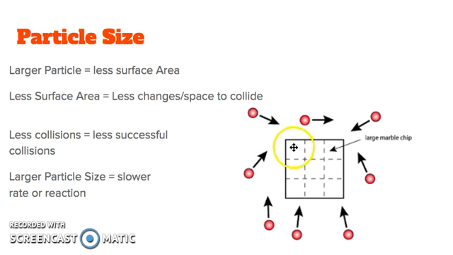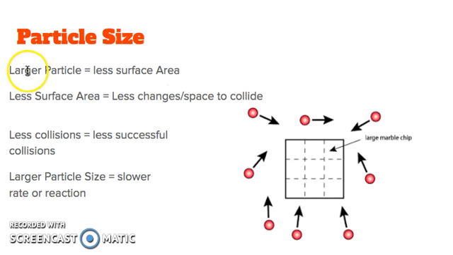However, if I cut this square in half, the places in which I can collide will actually increase by a lot, which means that the smaller the particle size, the more space there is to collide. And then once again, more collisions equals more successful collisions, which equals higher rate of reaction.